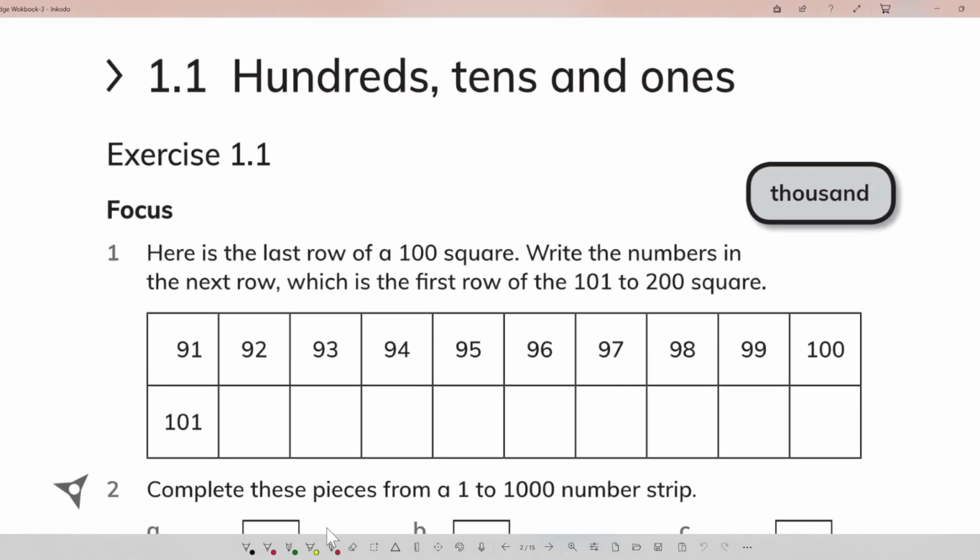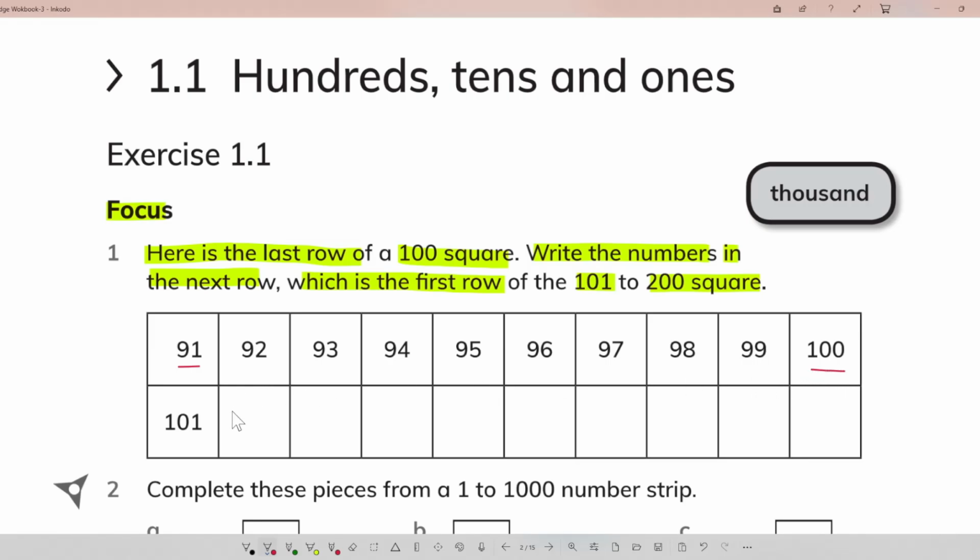Exercise 1.1. Number 1, focus. Here is the last row of a 100 square. Write the numbers in the next row, which is the first row of the 101 to 200 square. So it's a simple thing. Here is 91 and here is finish 100.